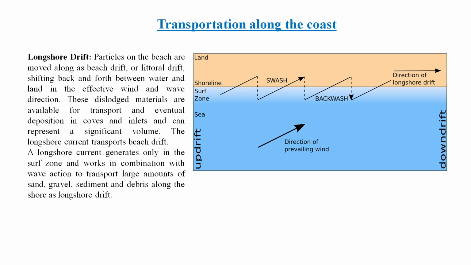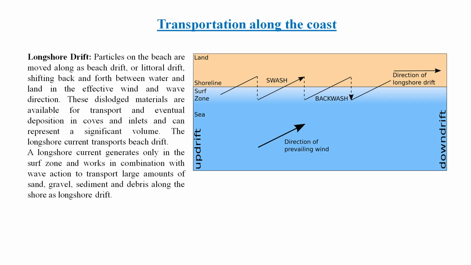It is actually deviating from the theoretical idea that it will always maintain a straight line. Depending on the wind direction, in which direction your wind is flowing, there may be events of swash like this, backwash like this, again swash like this, backwash like this.